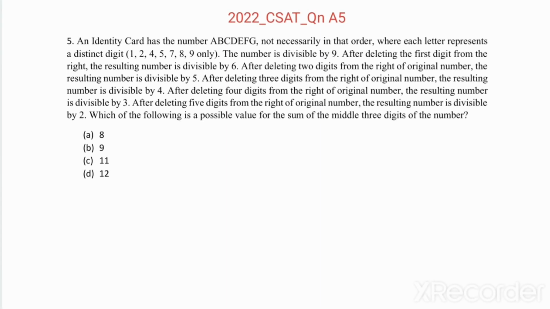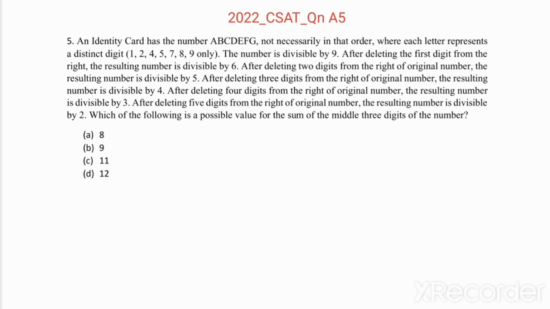Question number 5. An identity card has the number A, B, C, D, E, F, G. Not necessarily in that order, where each letter represents a distinct digit 1, 2, 4, 5, 7, 8, 9 only. The number is divisible by 9. After deleting the first digit from the right, the resulting number is divisible by 6.